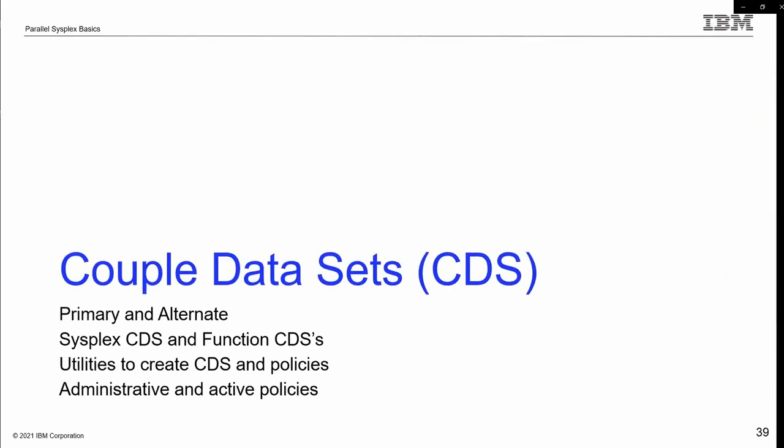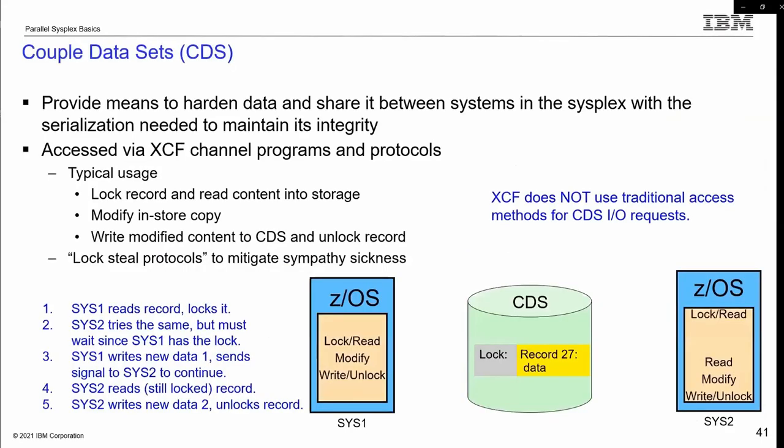Let's discuss some key points about couple data sets. There's a lot of things on this slide, but I just want to dumb it down to the very basics. A couple data set provides a central data repository that is visible to every single system in the Sysplex. That couple data set and all the accesses to the data inside it are managed by XCF.